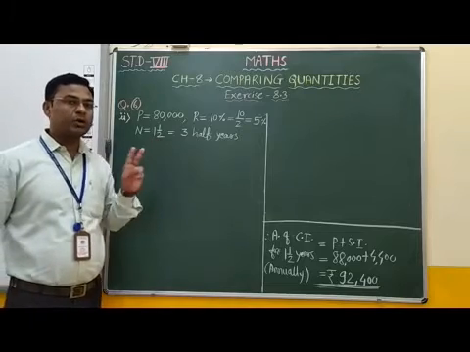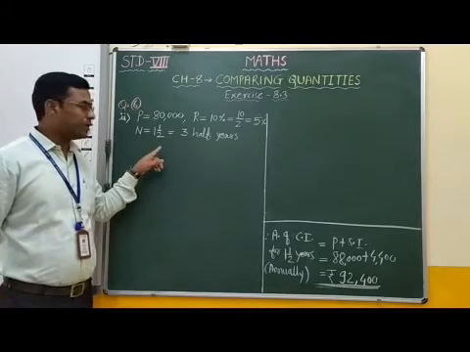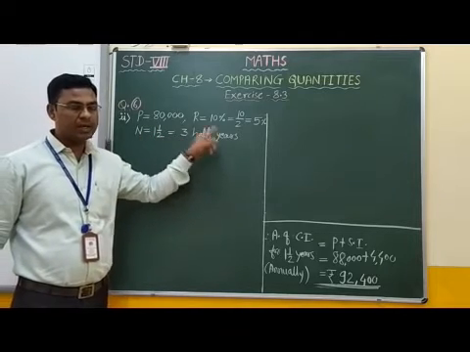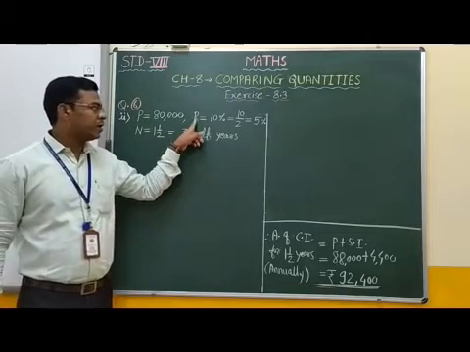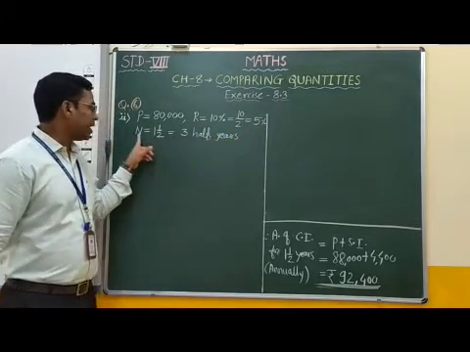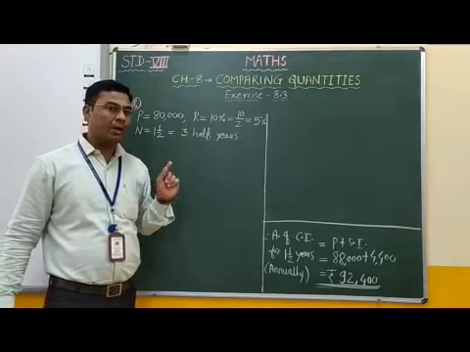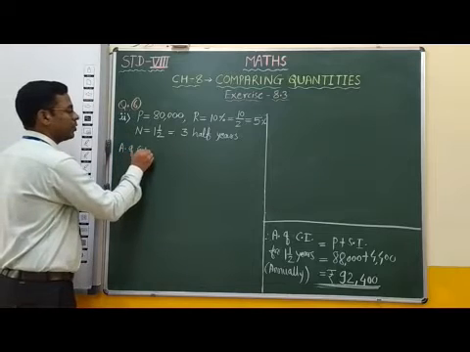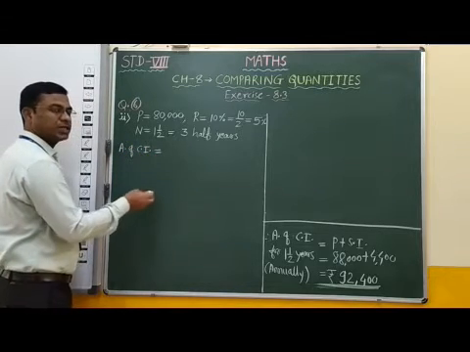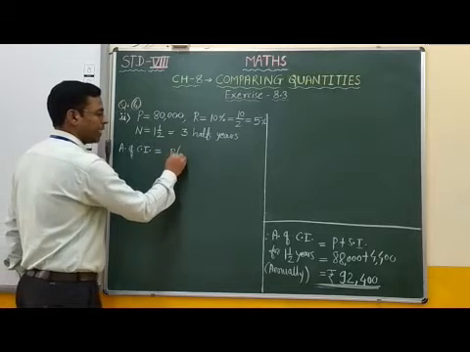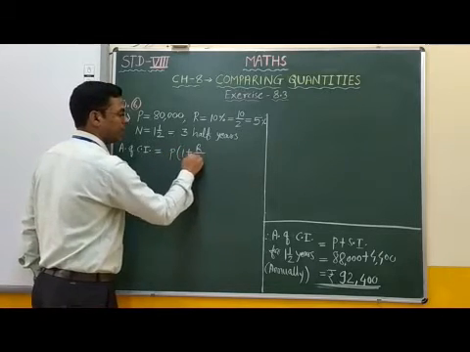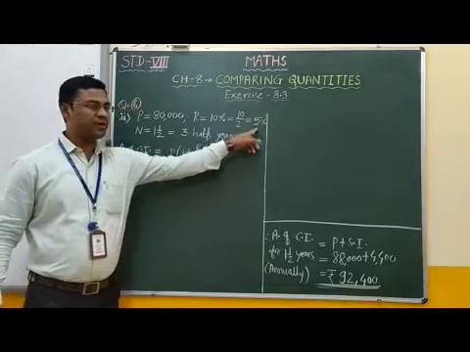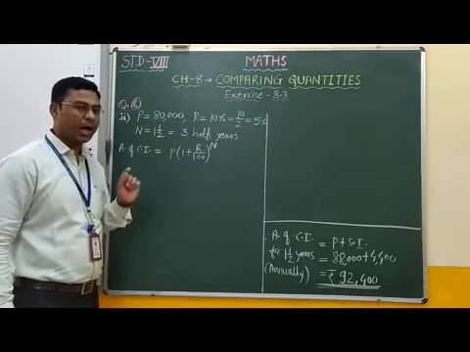In 1 year, there are 2 half years, and 2 half years plus this half year is equal to 3 half years. Now, here we have to take R is equal to 5 and n is equal to 3 for half year. The amount of compound interest is equal to, here the same formula, P into bracket 1 plus R upon 100 raised to n. But here R is equal to 5 and n is equal to 3 for half year.